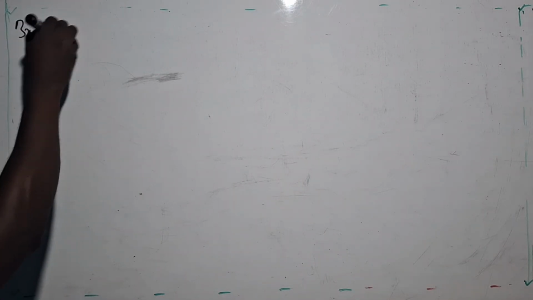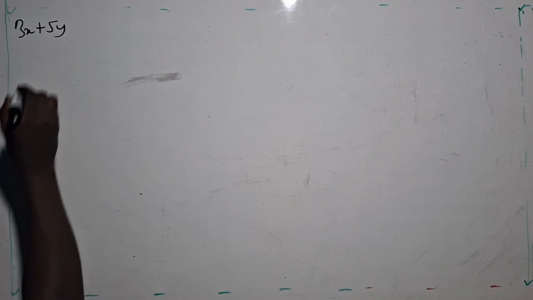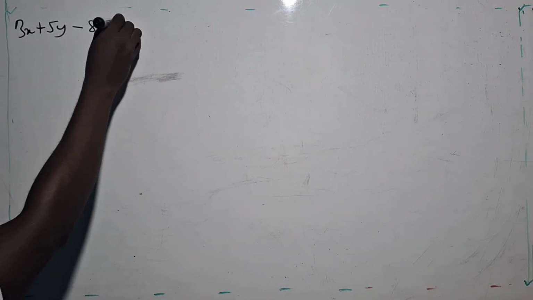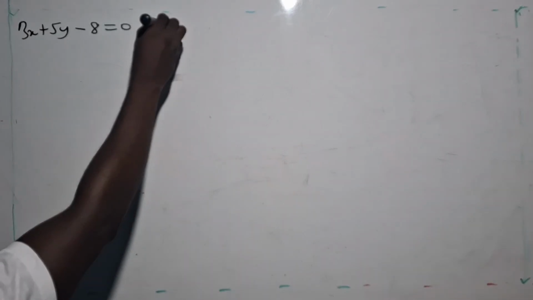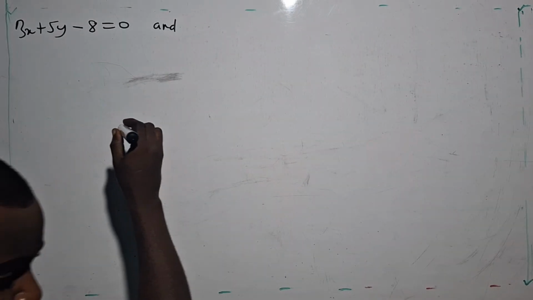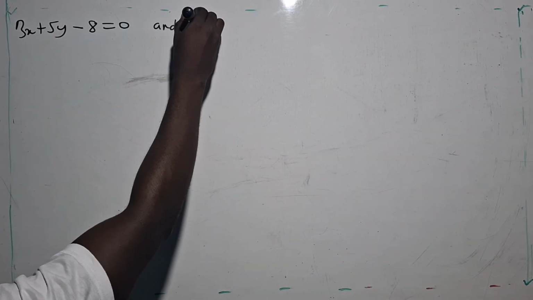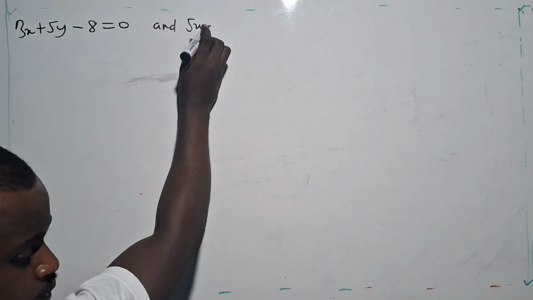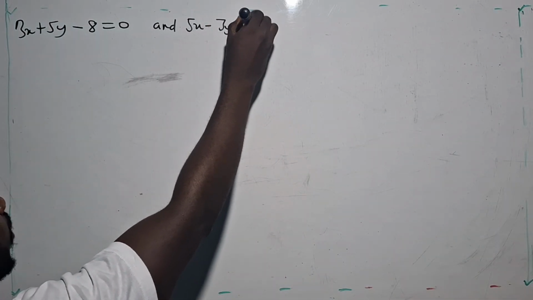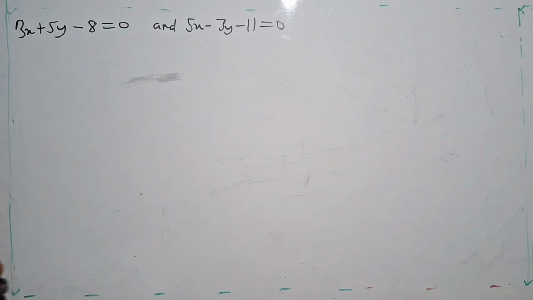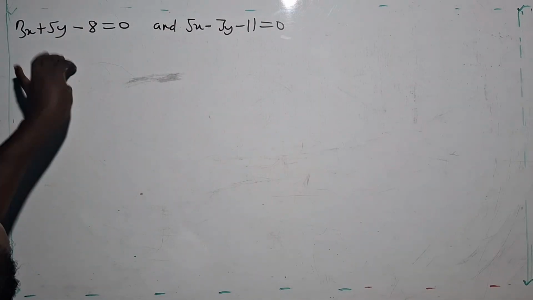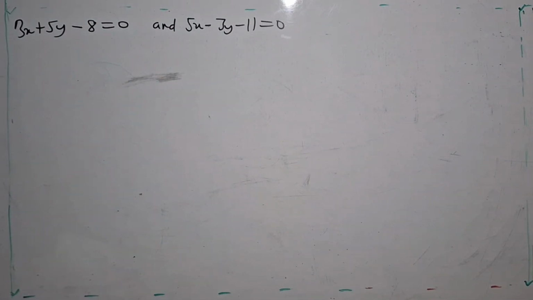So we have 2 lines: 3x plus 5y minus 8 is equal to 0 and 5x minus 3y minus 11 is equal to 0. We should show that these 2 lines are perpendicular to each other.